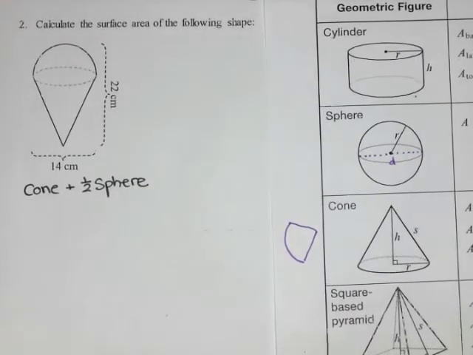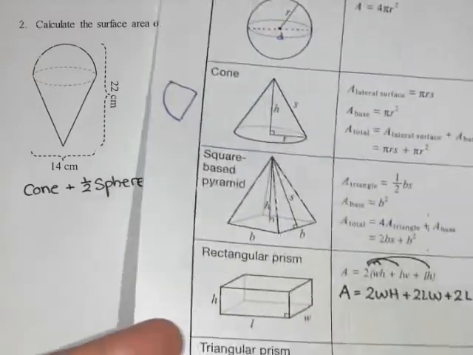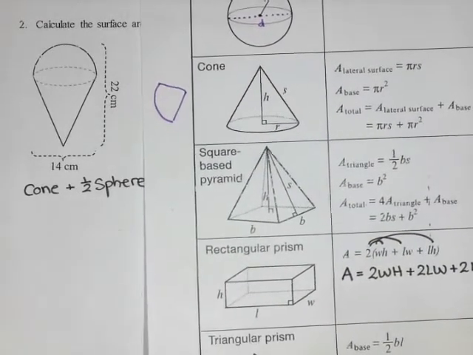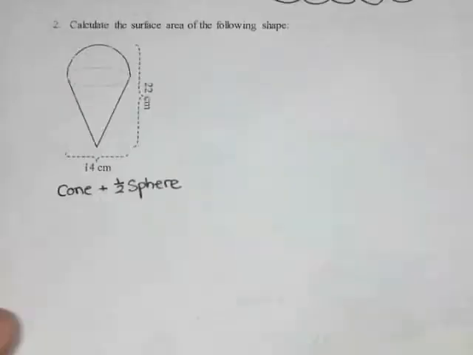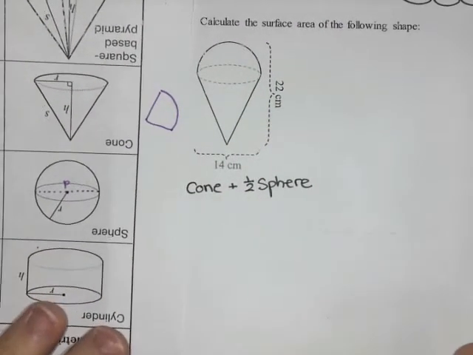So the first thing I'm going to do is go through and try to label the different shapes and where the dimensions go. So I think I might start with the cone. Now the cone on my formula sheet is upside down compared to the cone that's on this question. So I'm going to turn my formula sheet upside down so that they match.